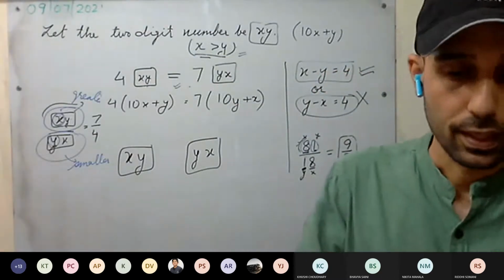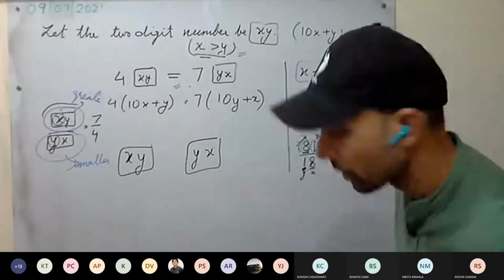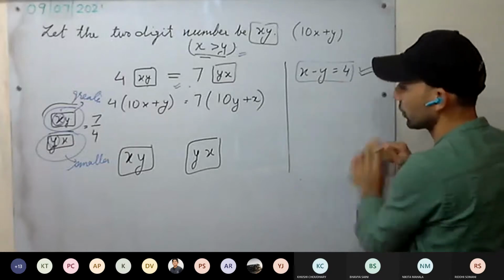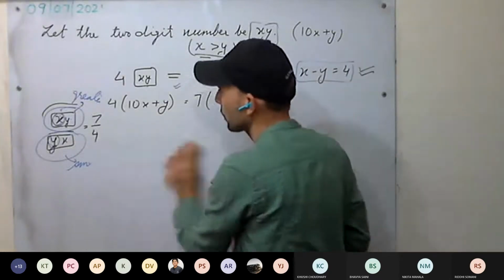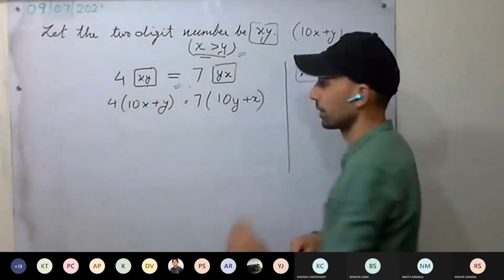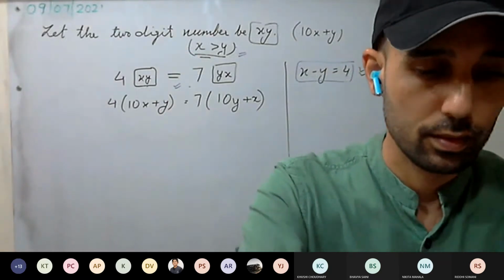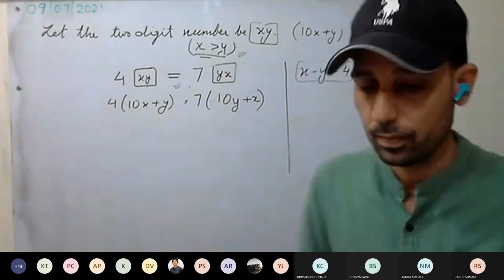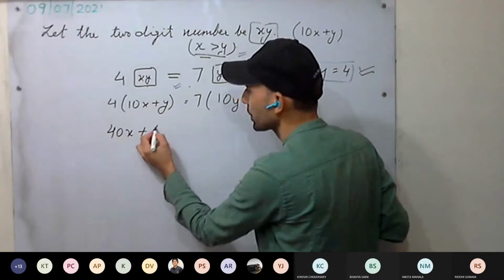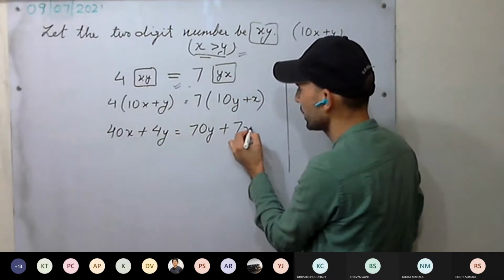Now solve the equations. So the second equation will be x minus y equal to 4, and solve the first equation. 40x plus 4y equal to 70y plus 7x.